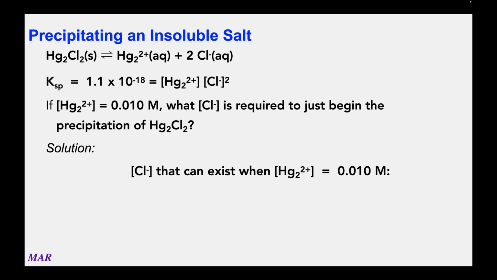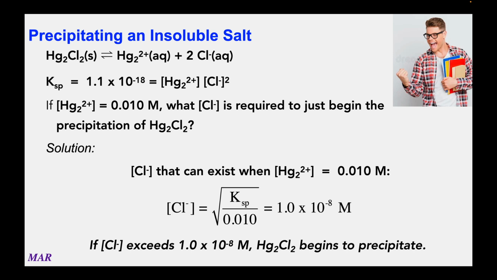Chloride's going to be the square root of KSP over our mercury concentration. So putting this all together, the KSP 1.1 times 10 to the minus 18th divided by the mercury concentration, which is 0.010. And to find just the chloride, we'll take the square root of it, since there's 2 chlorides per Hg2Cl2. This comes out to be 1.0 times 10 to the minus 8th molar.